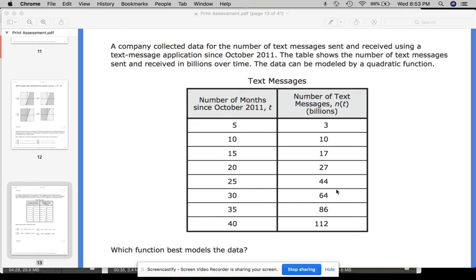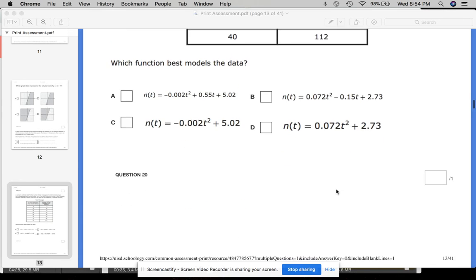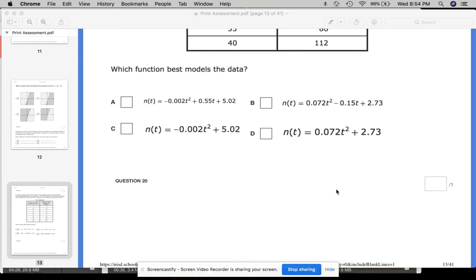Number of months since October 2011, t: 5, 10, 15, 20, 25, 30, 35, 40. Number of text messages, N(t), in billions: 3, 10, 17, 27, 44, 64, 86, 112. Which function best models the data?